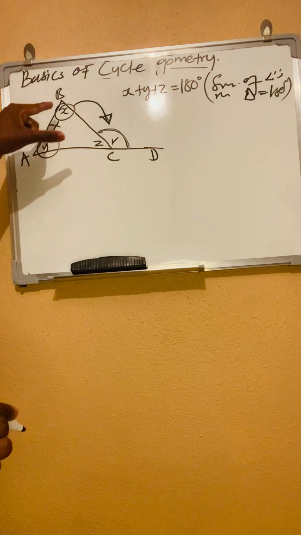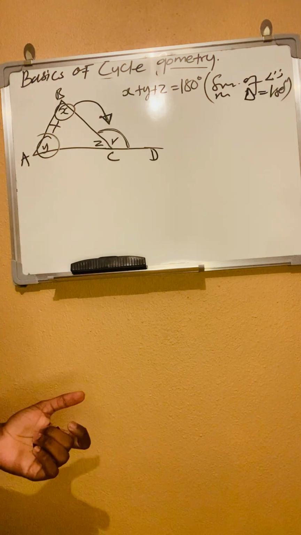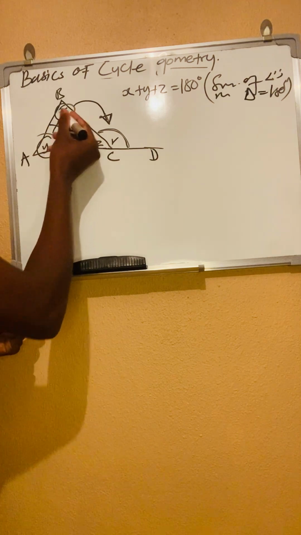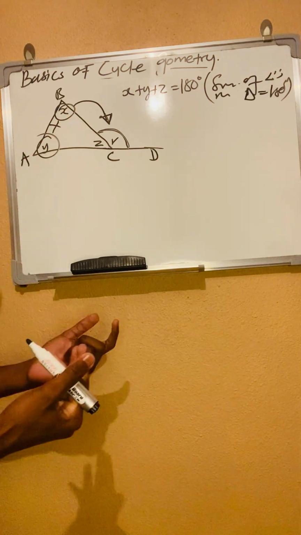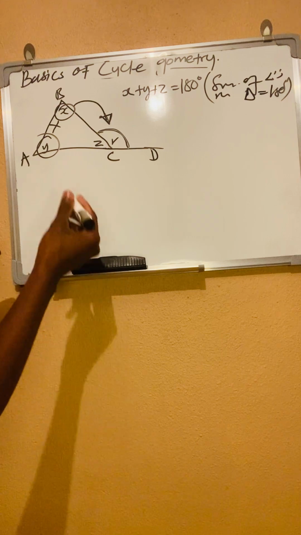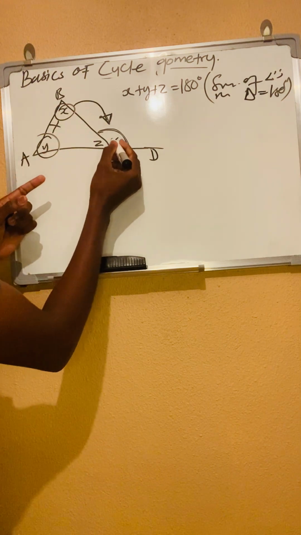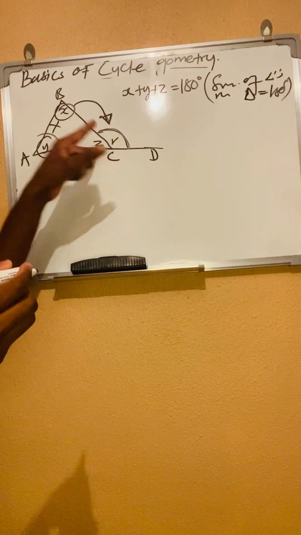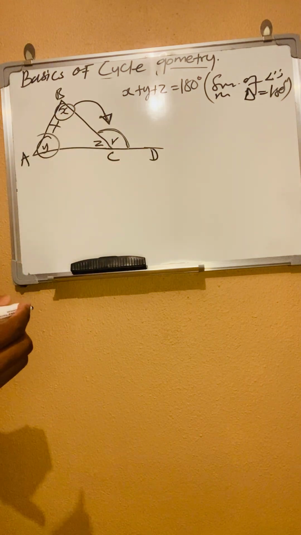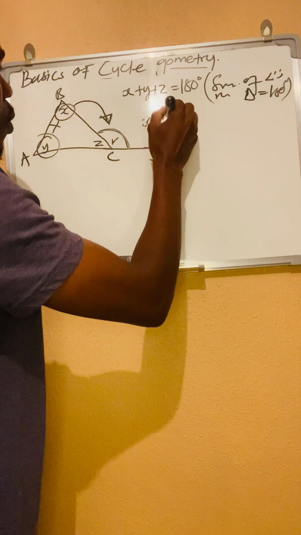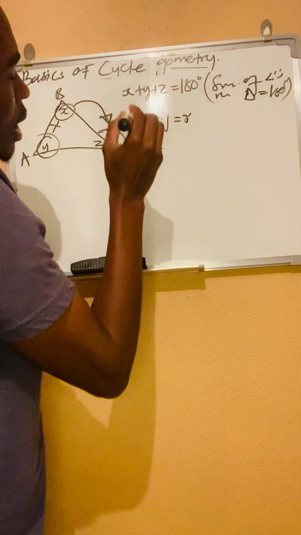These two angles are inside the triangle, and they are opposite to this exterior angle. So when you add x and y, they give you this one outside the triangle. So x plus y is equal to r.